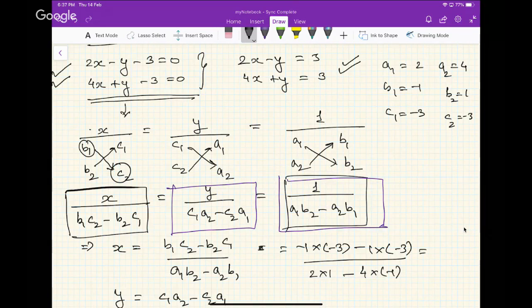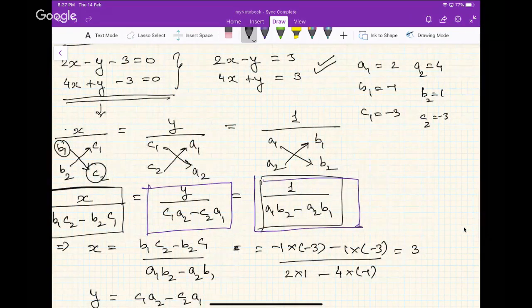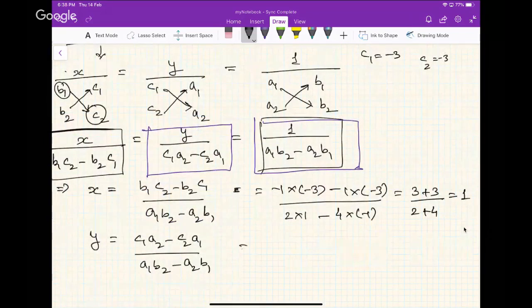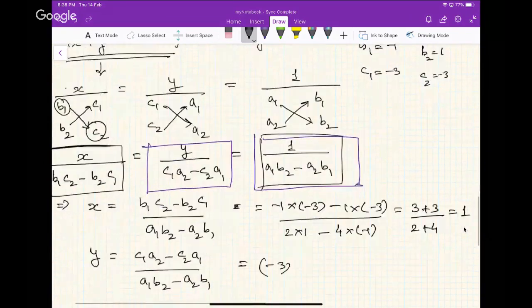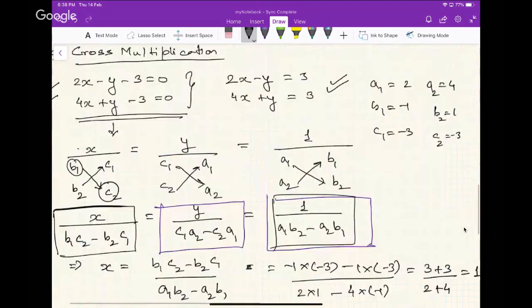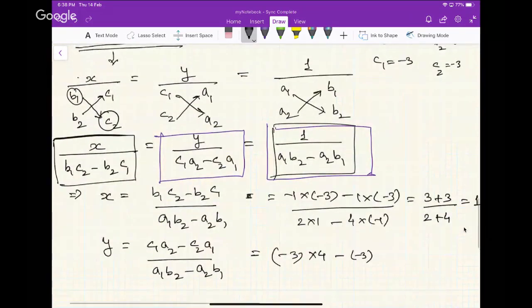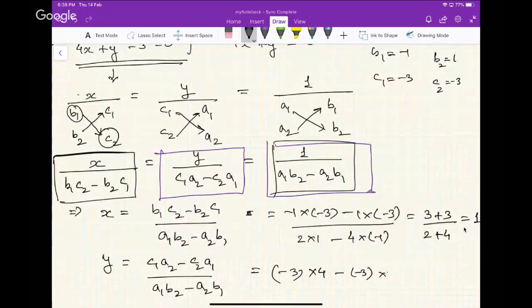So if you see, this is nothing but 3 plus 3 divided by 2 plus 4, which is nothing but 1. And in this case, c1 a2: c1 is negative 3 and a2 was 4, so this into 4 minus c2, negative 3, into a1, which is 2, divided by the same thing, 2 into 1 minus 4 into negative 1.